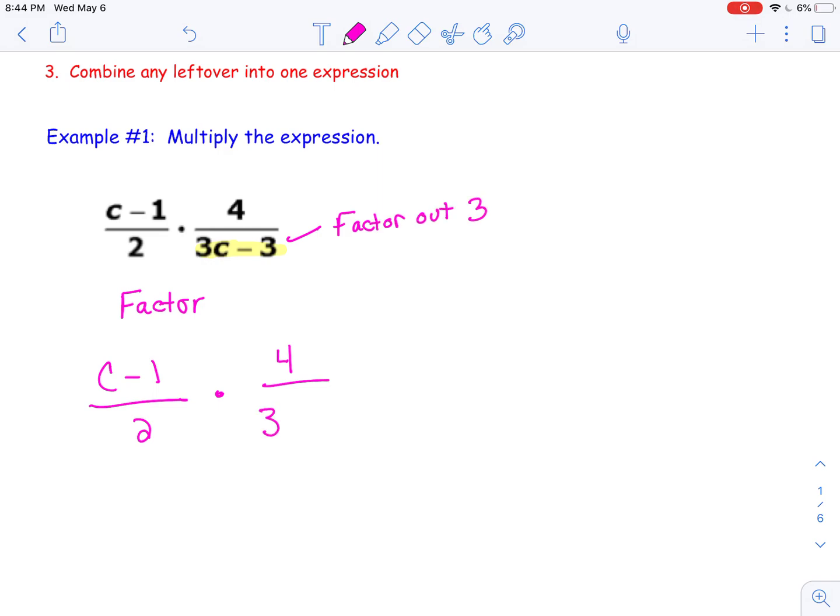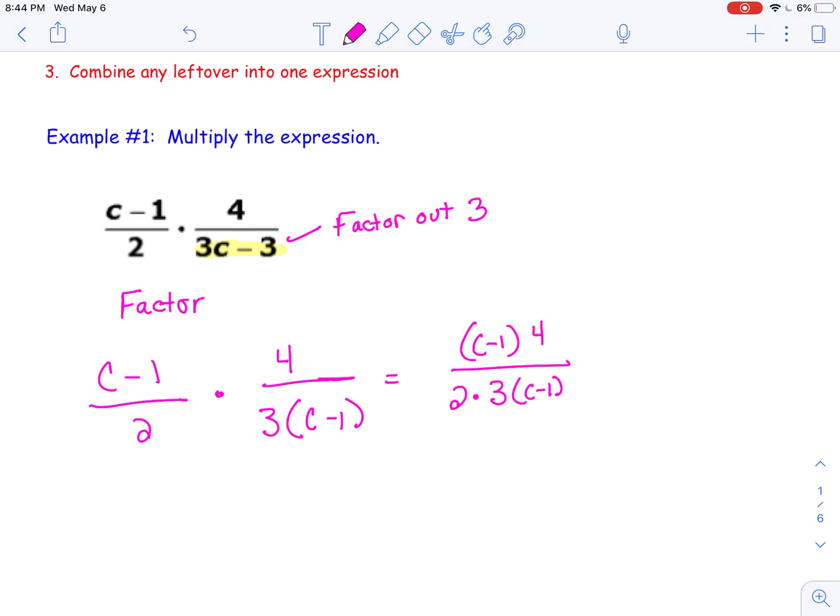So I take out a 3. That was really saying to divide everything by 3. I'm going to be left with c minus 1. So really this now becomes c minus 1 times 4 all over 2 times 3 times c minus 1.